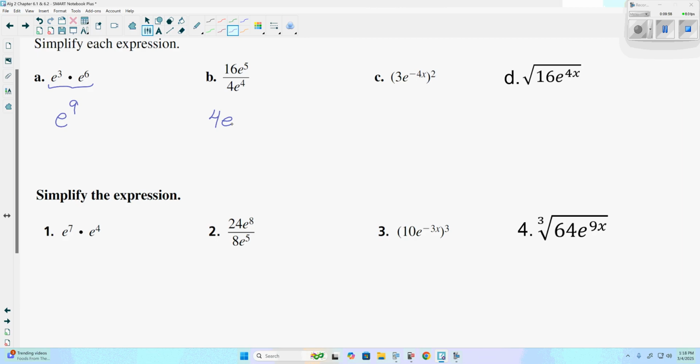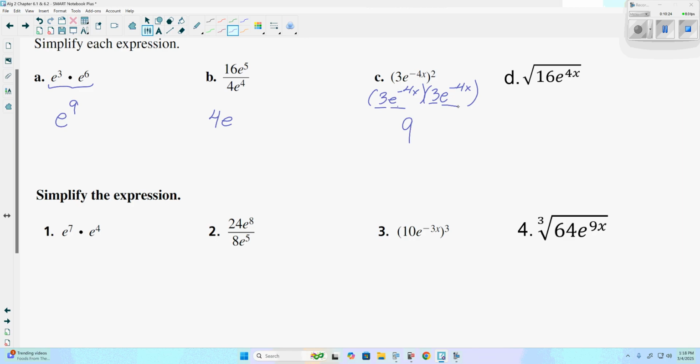Powers of powers. Multiply. So we're really multiplying 3e to the negative 4x by itself. So we could say that this is the same as this here. Well, our 3 times 3 is 9.